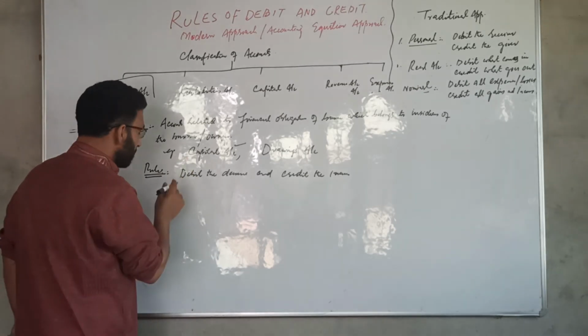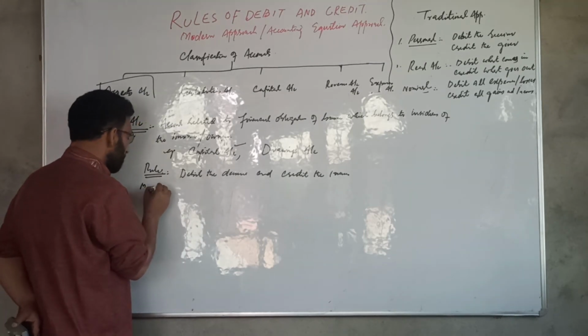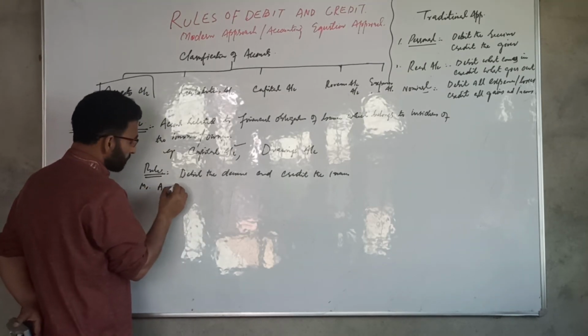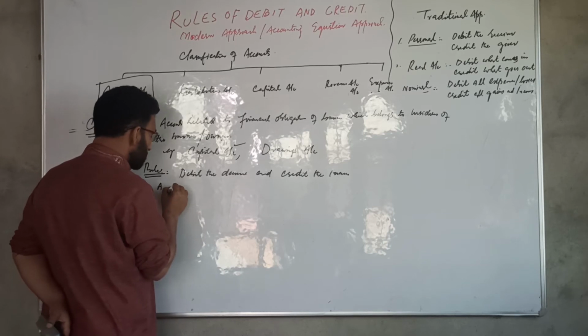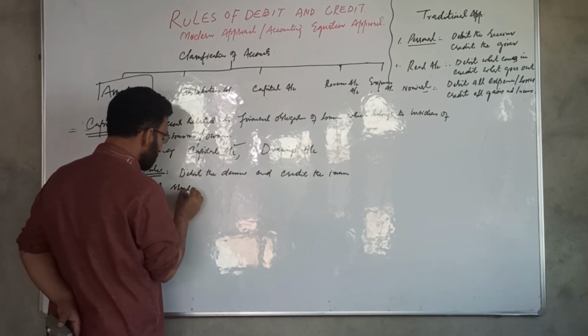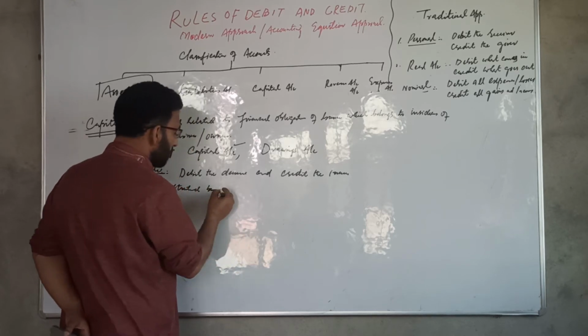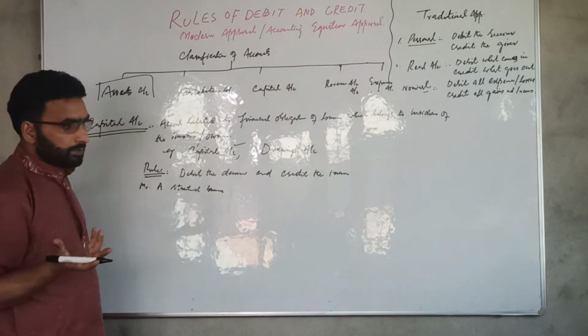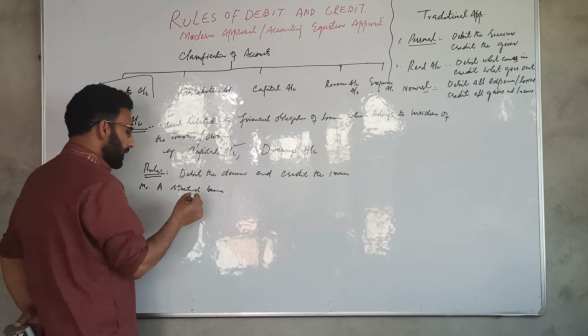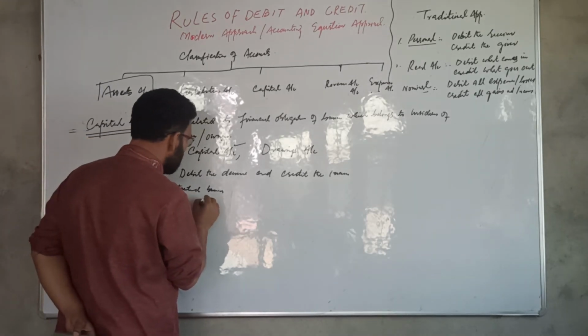Now, for example, Mr. A commenced business or started business. Two accounts are involved here. One is capital account and another is cash account.